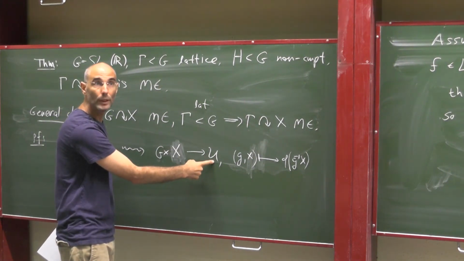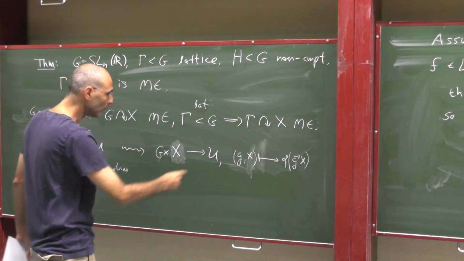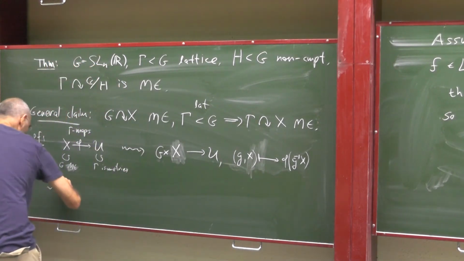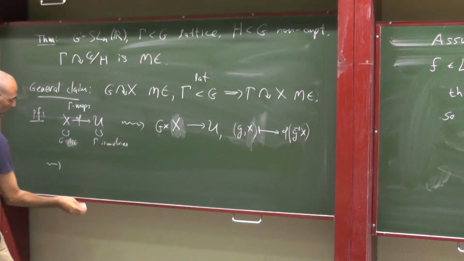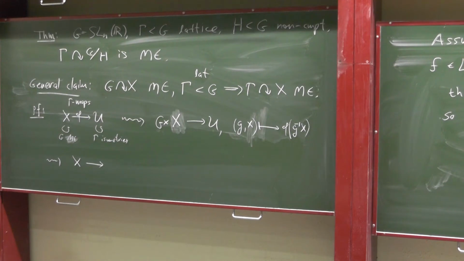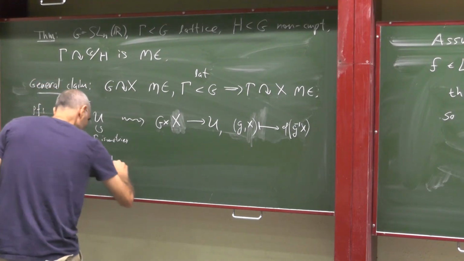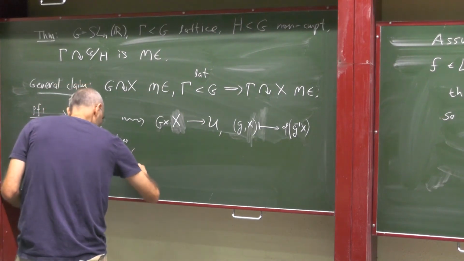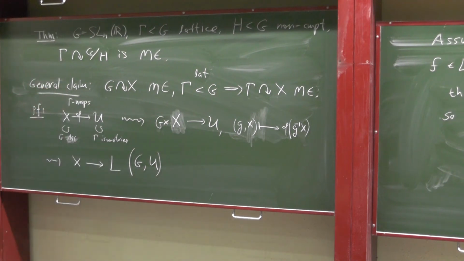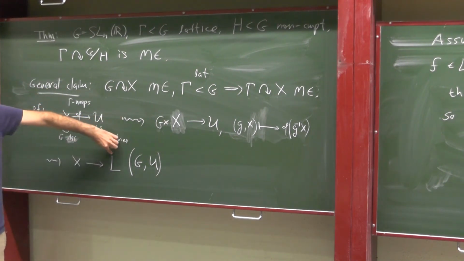Again, I can use Fubini and think of this map as a map from X to the space of maps from G to U. And L means space of maps.